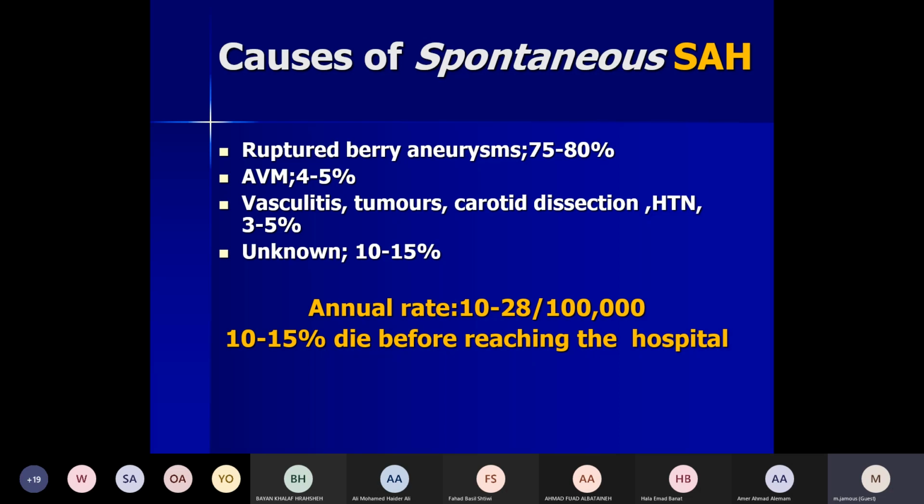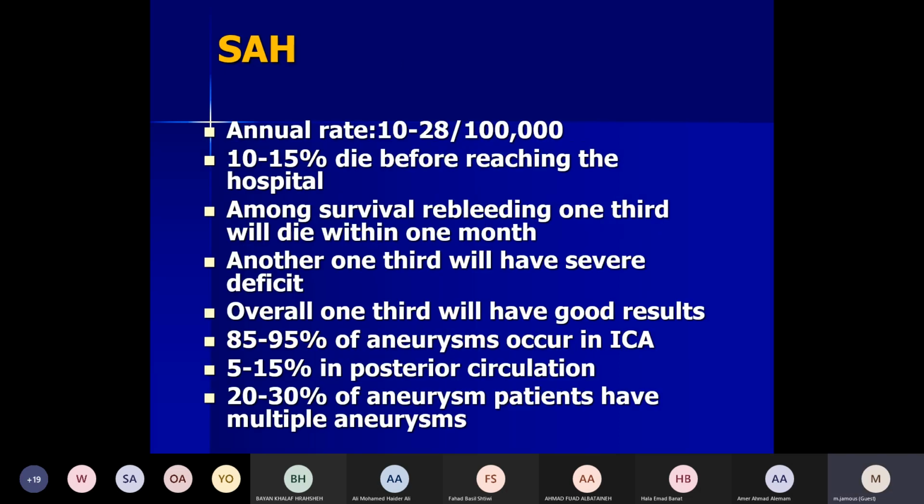Here are some statistics for subarachnoid hemorrhage. The annual rate is about 10 to 28 per 100,000 per year. As we mentioned, it is associated with high morbidity and mortality.